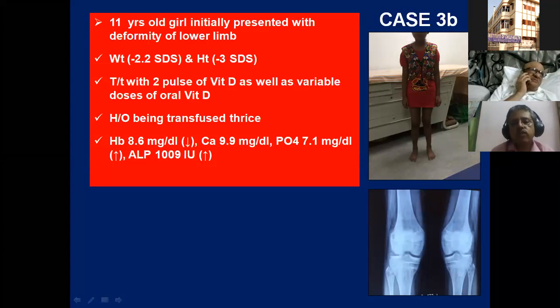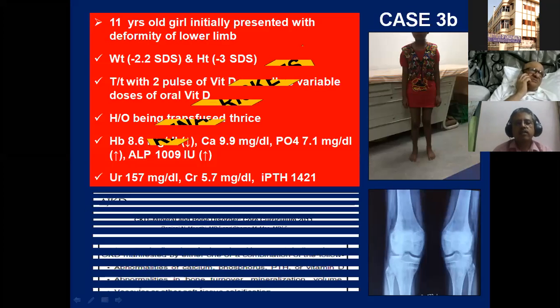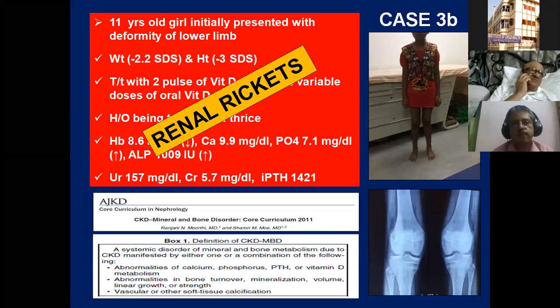The phosphate is very high. So as I always say, there is almost only one disorder where you can have rickets with a high phosphate, and that is chronic kidney disease. So all you have to do is look at the creatinine, which was high. PTH, as you expect, will be high in CKD, and this was a rickets secondary to CKD.